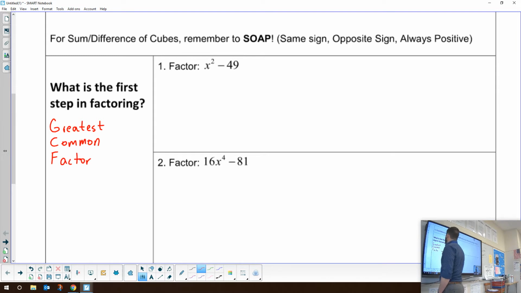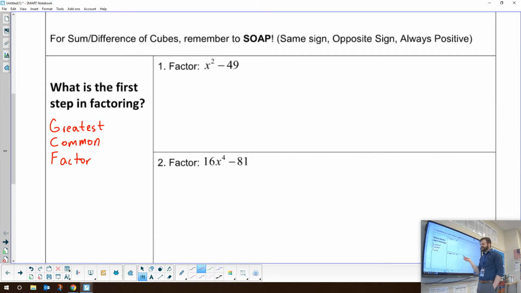Okay, that's our first step. That's always our first step when looking for the factors of a polynomial. So kind of what we're doing is the opposite of multiplying out. We are factoring, we are creating those parentheses.